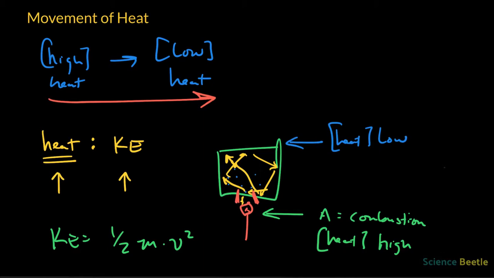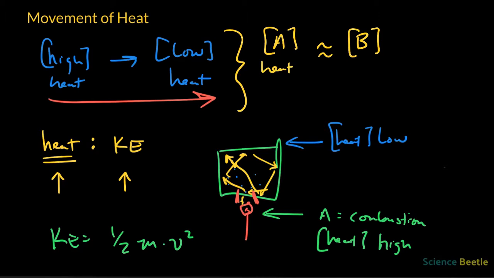Now, when it actually reaches a point where the concentration of heat is equitable, so let's say once the heat from sample A, or here, is approximately equal to the concentration of heat at sample B, we already know what this is. Think about it in terms of what we were doing with K expressions.